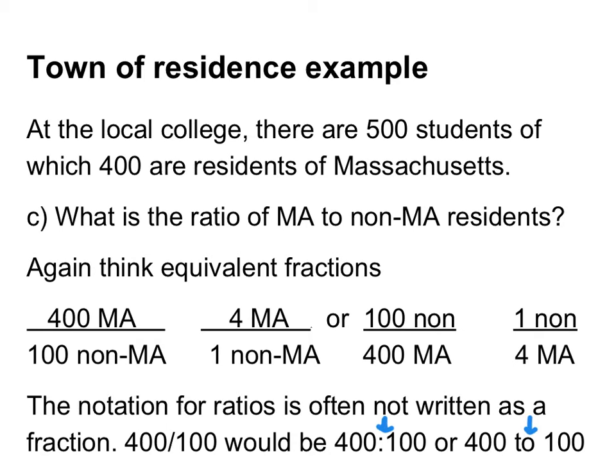So 400 to 100, right? So there are 400 Massachusetts residents to 100 non-Massachusetts residents, okay? Or if we want to use the reduced form, we might have a ratio that looks like 4 to 1. And we would read it as 4 to 1, even if we put the colon in the middle there.